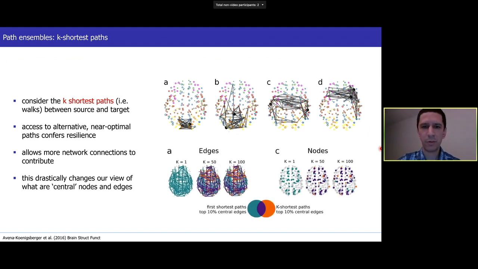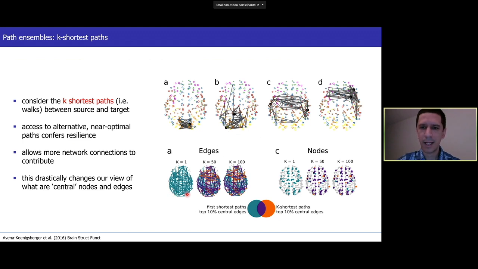So this is just an example showing what are the most central edges and what are the most central nodes in a brain network when we consider either K1, so just the shortest path, K50, which is the top 50 shortest paths, or K100, which is the top 100 shortest paths or walks, if you will.